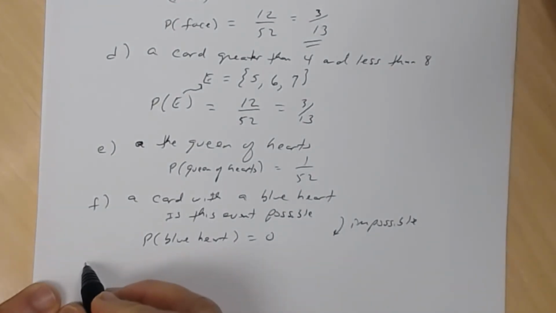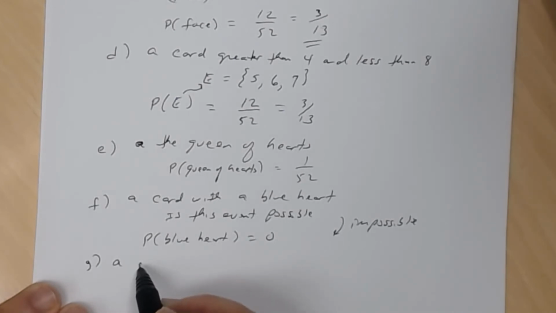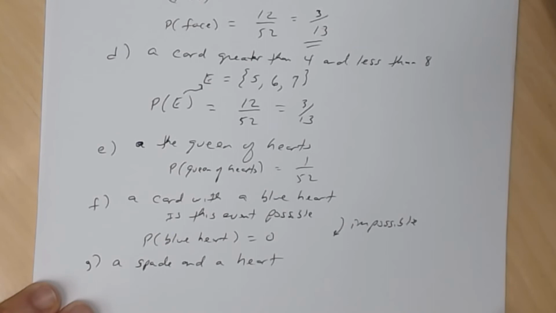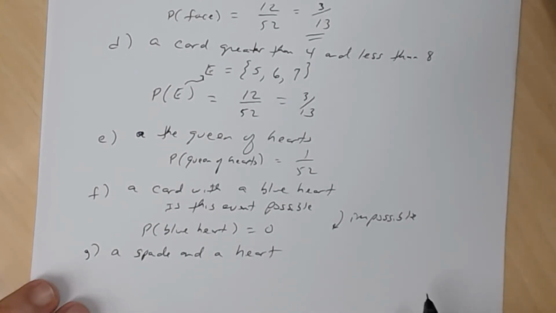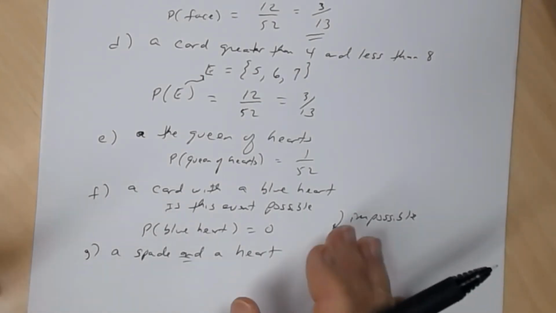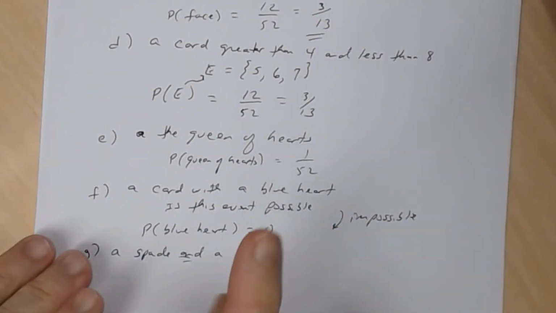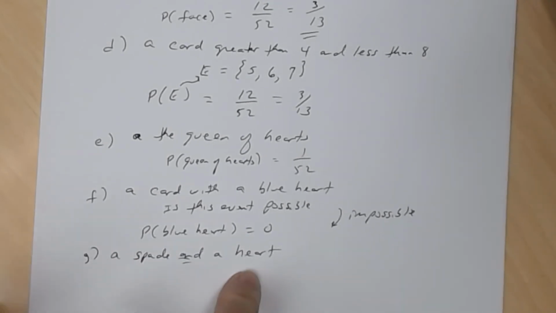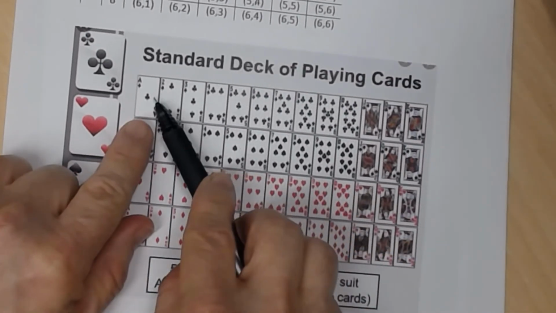What about G? Probability of being dealt a spade and at the same time a heart. All right, guys, let's think about this. You see the word "and," right? How many cards are you being dealt? One card. What's the probability that that card is both a spade and a heart?